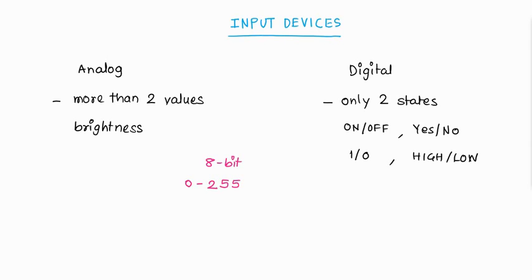But Arduino Uno has one ADC, analog to digital converter.